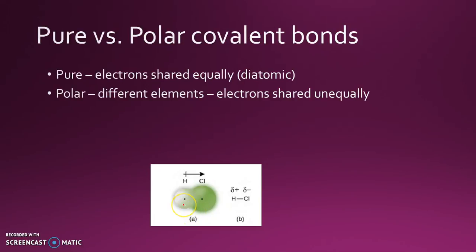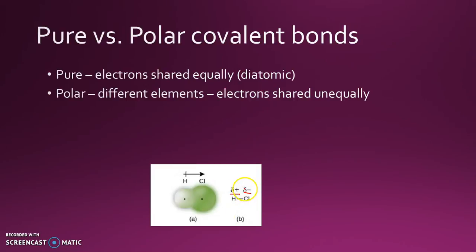If you look up the electronegativity values for hydrogen and for chlorine, you'll see that chlorine has a higher electronegativity than hydrogen does. And remember, electronegativity is the ability for the atom to attract electrons that are part of a bond. So chlorine has a stronger attraction for the electrons, which means it's going to end up with a little bit of a negative charge, and the hydrogen is going to end up with a little bit of a positive charge.